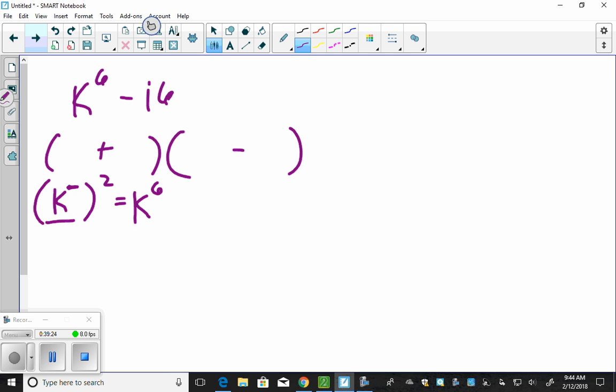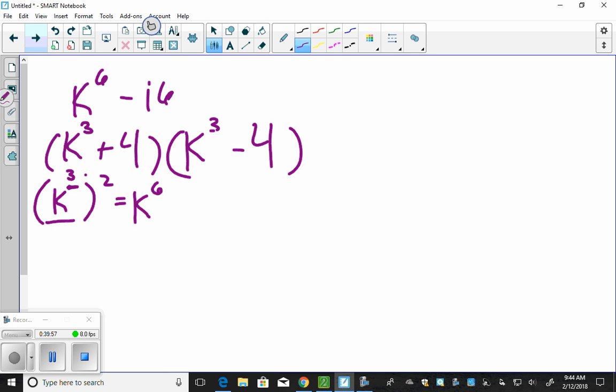I'm on 17. 3. So k cubed goes in front. Remember, when you're squaring a variable, you multiply the exponents. So 3 times 2 is 6. Okay? What about 16? What number do I square to get 16? 4 goes in back.